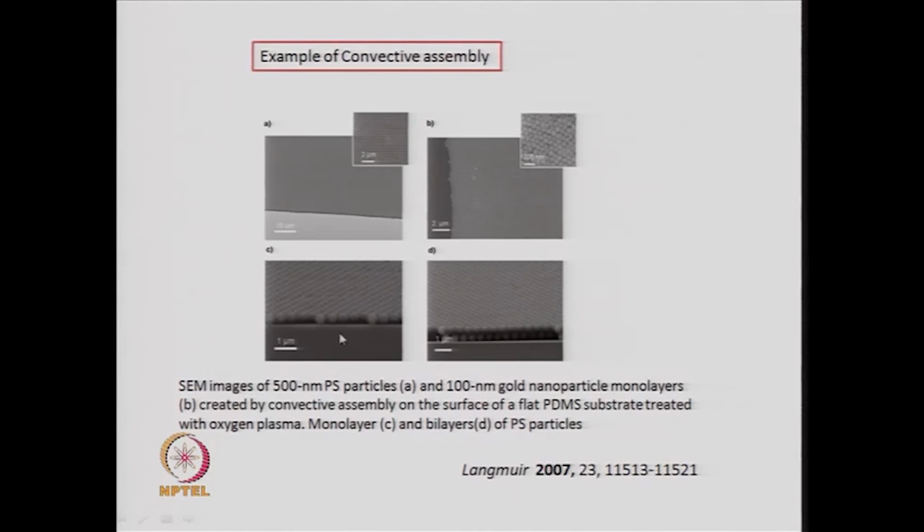So, this is a monolayer and this is a bilayer of particles, and these are of course different particles. The particles here, A, are gold particles, whereas C and D are polystyrene particles made on PDMS as a substrate.